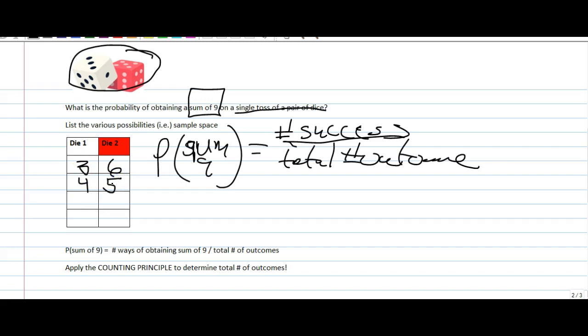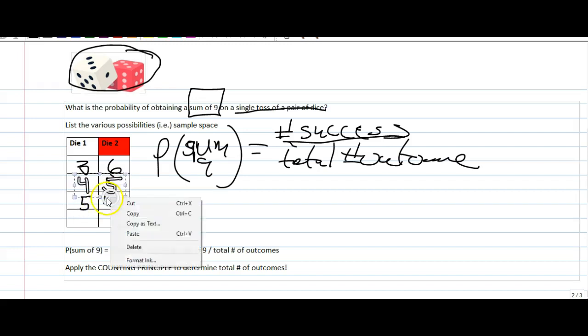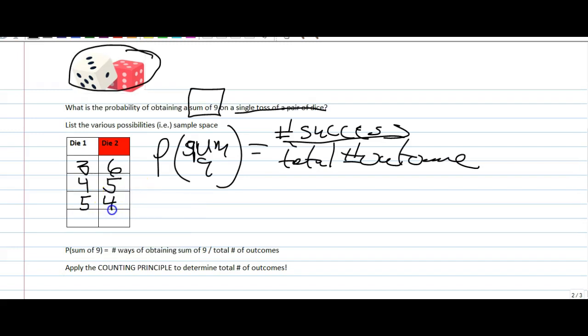You see how I'm listing these systematically in order. I could get 5 on the first die and 4 on the second, or I could get 6 on the first die and 3 on the second. So here are my chances for success.